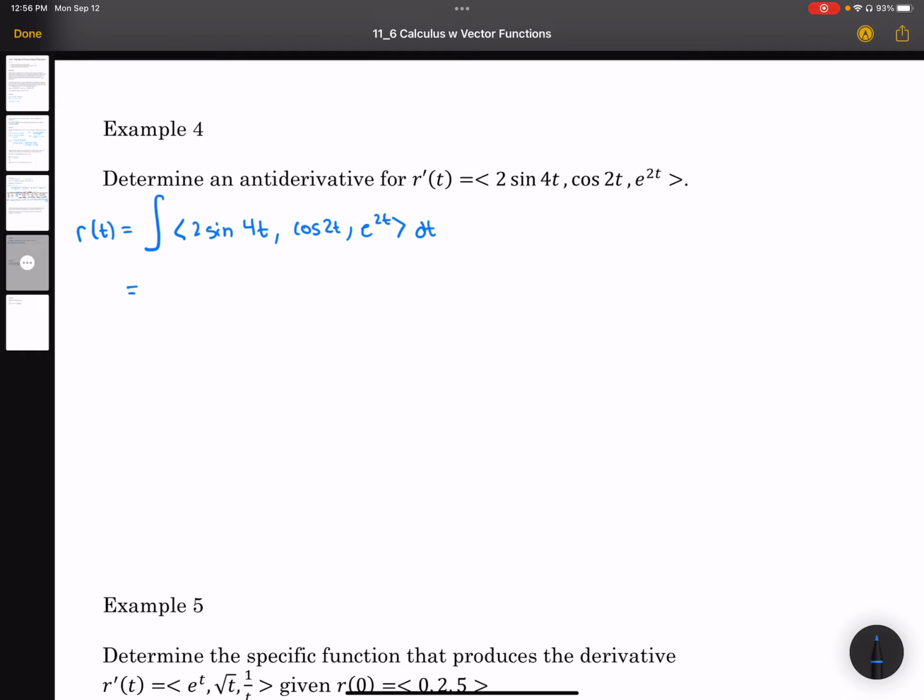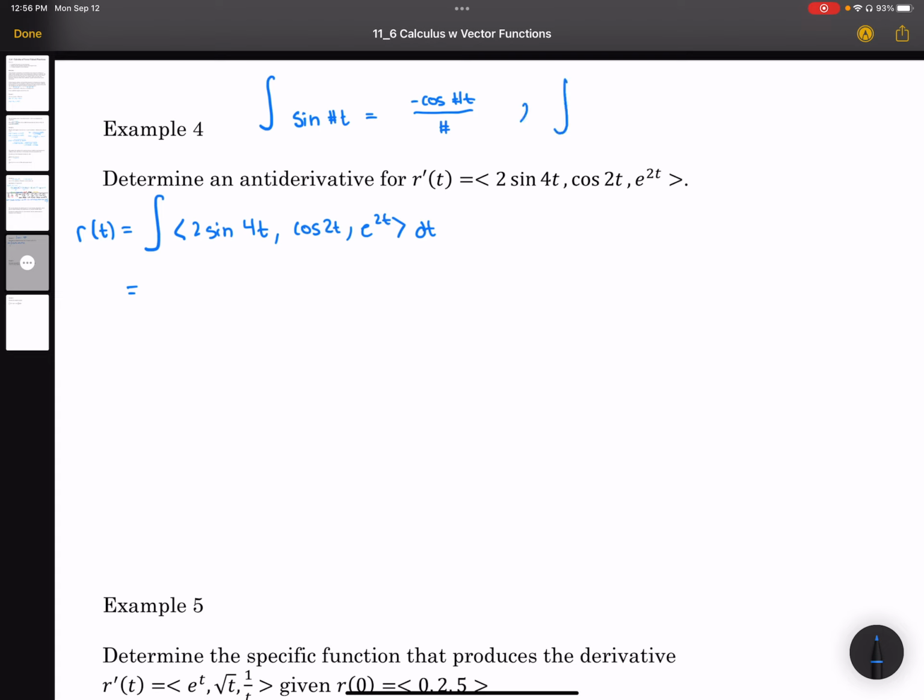So let's quickly review some antiderivative rules. The antiderivative of sine of some number times t is negative cosine of that number times t, divided by that number. And something similar holds for cosine.